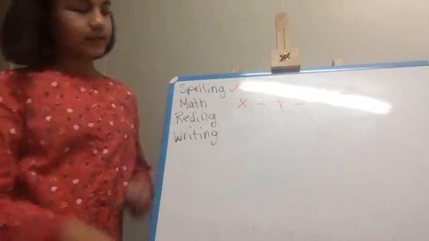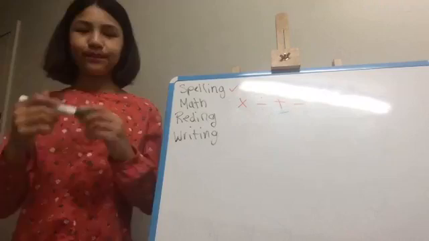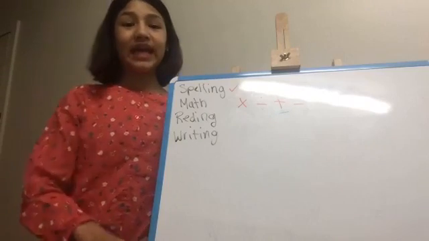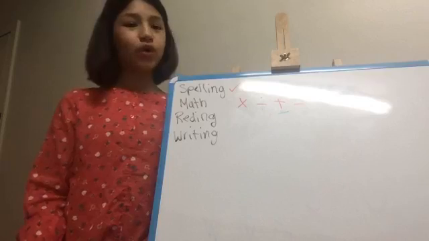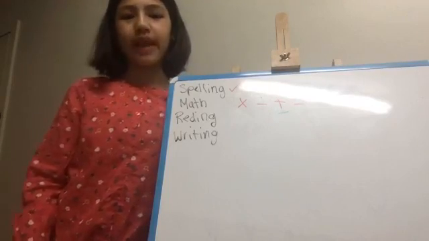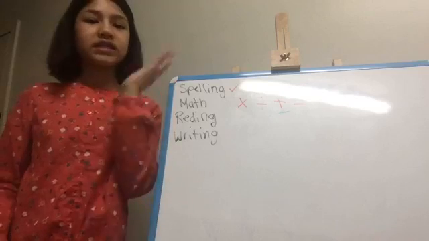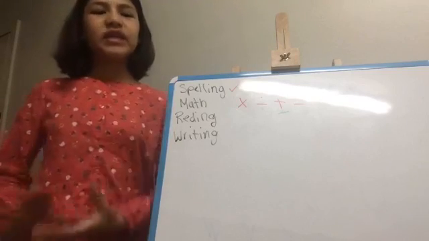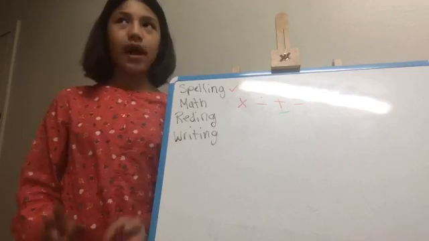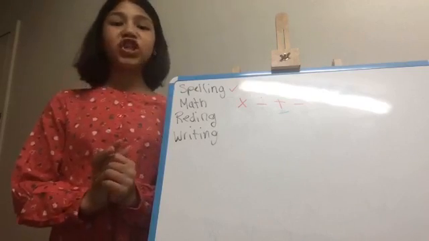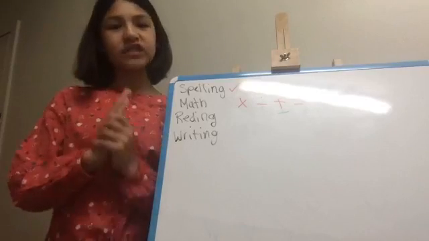And the next is adding. Basically, having more. So let's use the same example as the cookies. Emily wants 6 cookies, but she has 5.